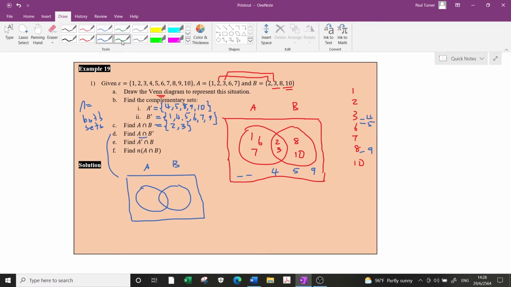What I'll do, I mark A here in green. So this is set A. Where is set not B? I want to shade in not B, so I'll use a shader. Not B is all here. That is not B. So go around not B.